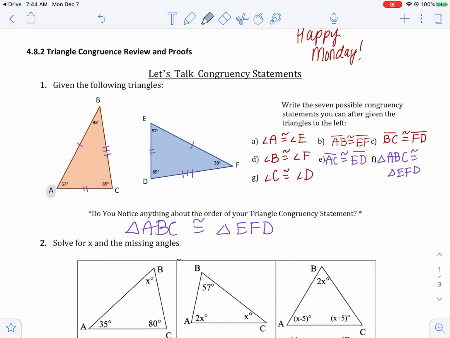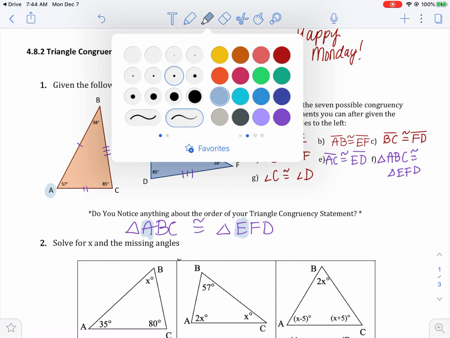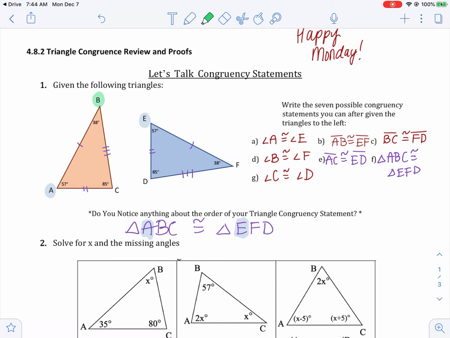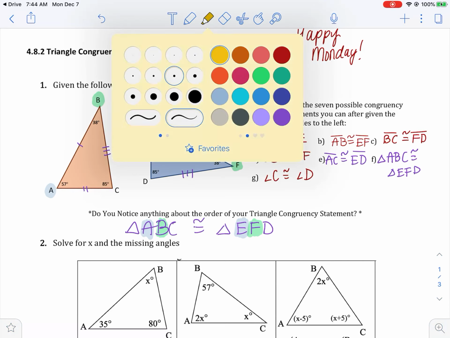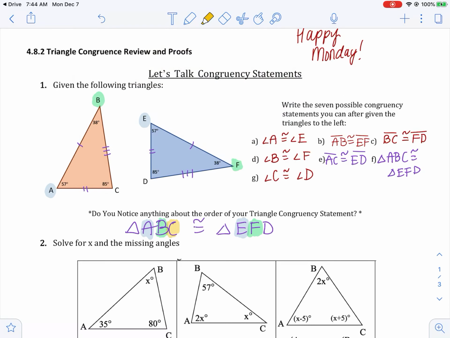So if we've got angle A congruent to angle E, well, A is the first letter and E is also the first letter. B is congruent to angle F, so since B is the second letter, F should be the second letter, and so on with C and D. AB should be congruent to FE.